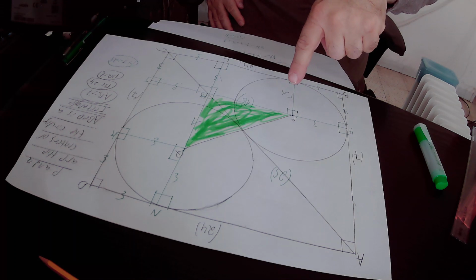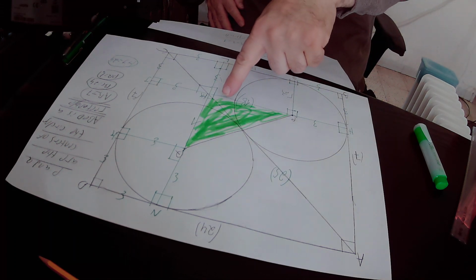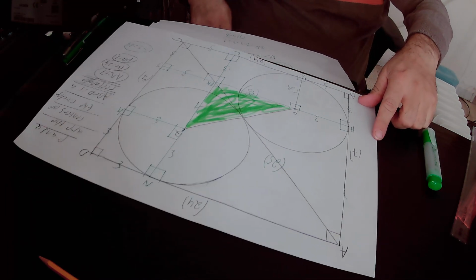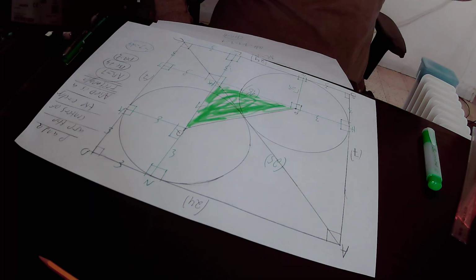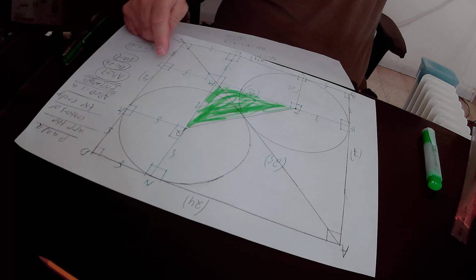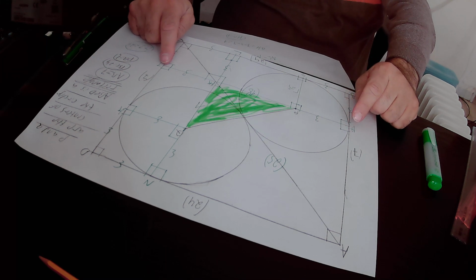Therefore the green triangle QPK is a right triangle because this angle equals 90 degrees. Inside quadrangle ADJH, we have 1, 2, 3 right angles, therefore the fourth angle must also equal 90 degrees.